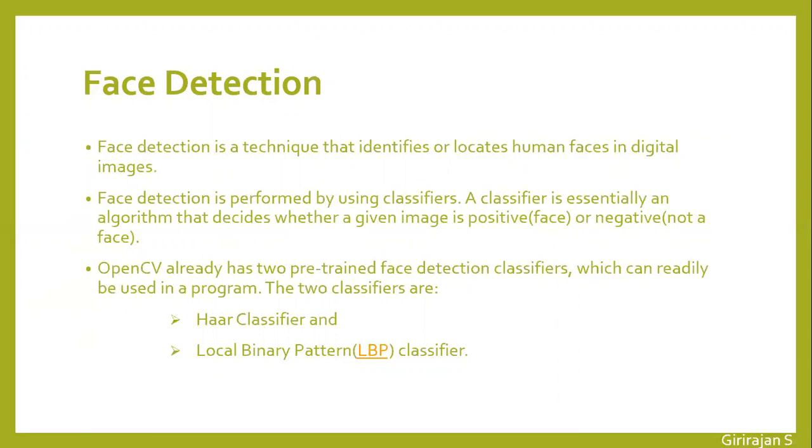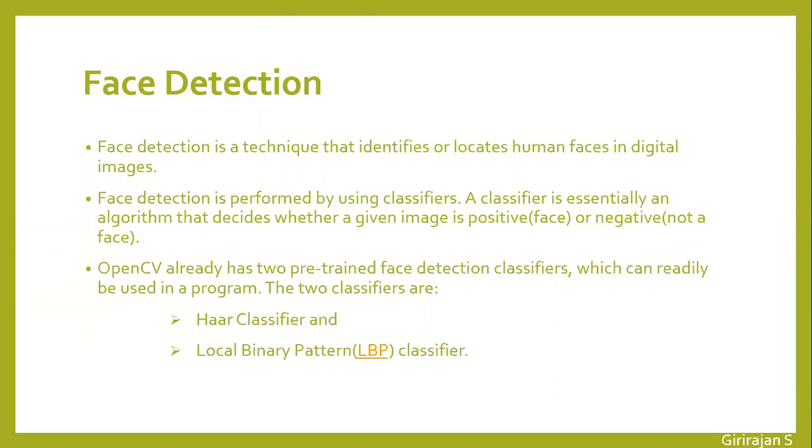Face detection is performed by using classifiers. A classifier is essentially an algorithm that decides whether a given image is positive or negative. Positive means a face is present, and negative means it is not a face. A classifier needs to be trained on thousands of images with and without faces.